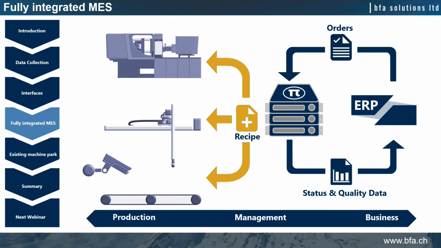The production start and status and quality data is then sent from the equipment back to the MES server. Then finally, for further processing, the prepared MES data is sent back to the ERP.